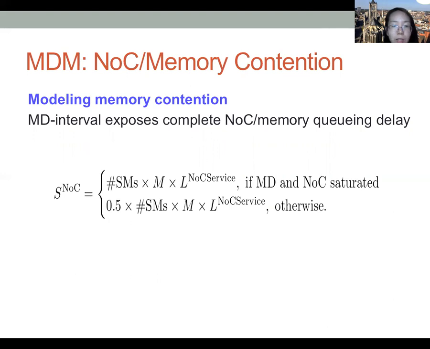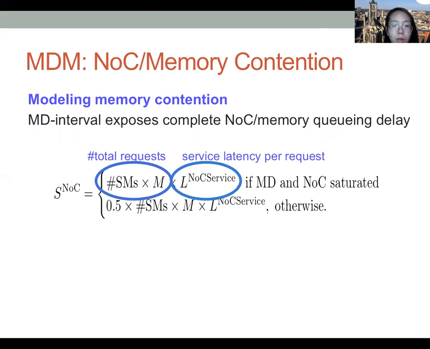For MD intervals, latency hiding breaks down and the kernel is exposed to the complete latency. As shown in this equation, the number of SMs multiplied by M equals the total requests in the NOC queue. L NOC service equals the service latency of each request.